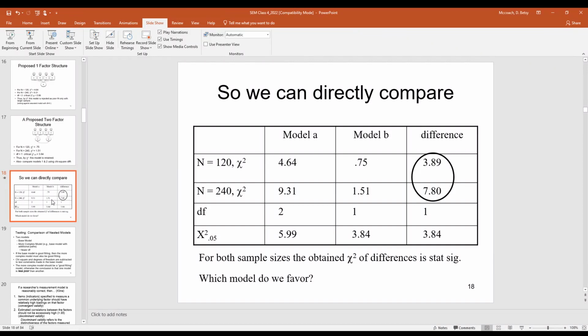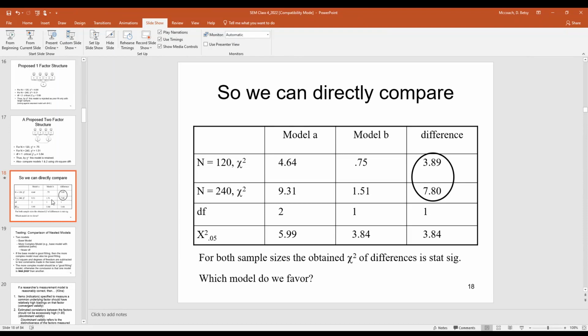I'm saying we always favor the more parameterized model, but technically, I think there are limits to the chi-square difference test. If you've got an enormous sample and the chi-square only goes up by 4, I don't know that I would favor the more parameterized model in that case, right? I've got 1 million people and the chi-square jumps by 4. I'm not gonna.